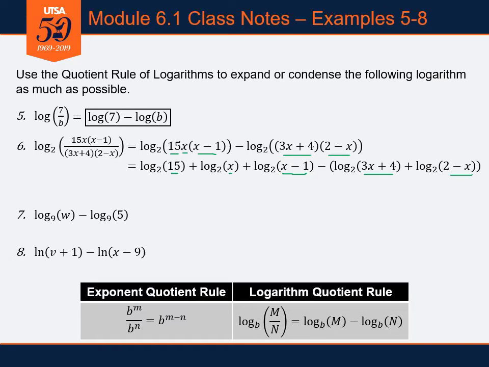And looking at each of the individual logarithms that we have in this step, I've got log base 2 of 15, which is just the number 15 inside the parentheses, and no more simplifying can be done there, plus log base 2 of x, only x inside the parentheses. There's no more rules that I can apply there, plus log base 2 of x minus 1. Now in that third logarithm, log base 2 of x minus 1, I've got two terms.